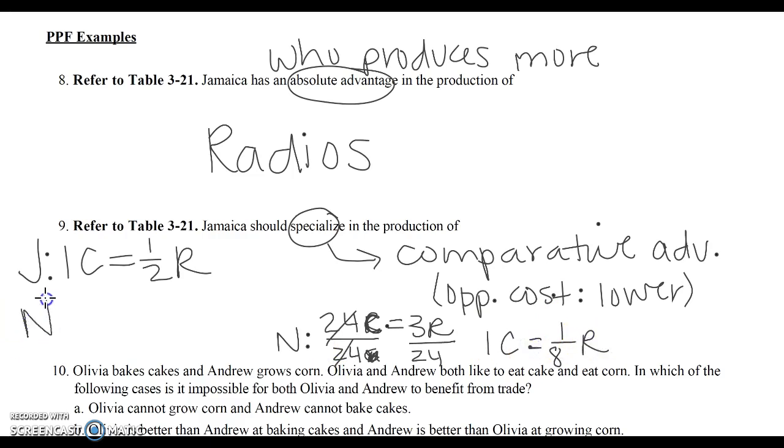So Norway, 1 cooler is 1/8 of a radio. And if you think about your fractions, 1/8 is a smaller portion of a whole than 1/2. So Norway produces coolers. When you're doing specialization, you need to understand that one country will do one thing and the other one will do the other thing. So because Norway gets coolers, Jamaica gets radios.